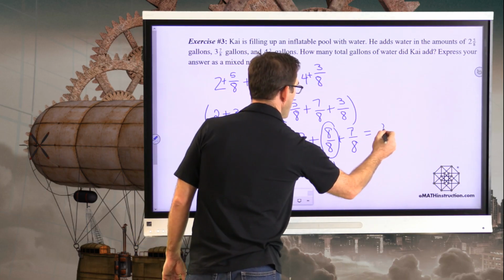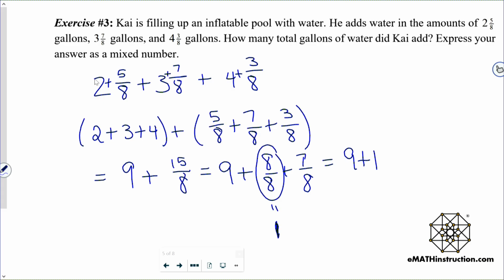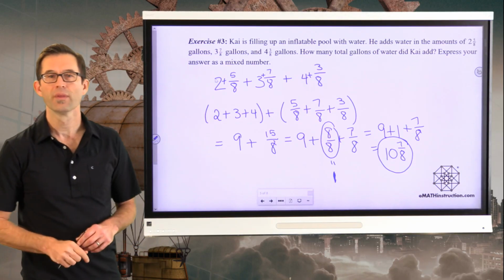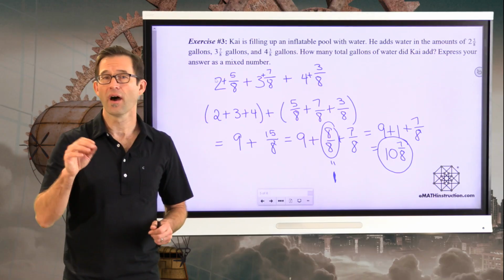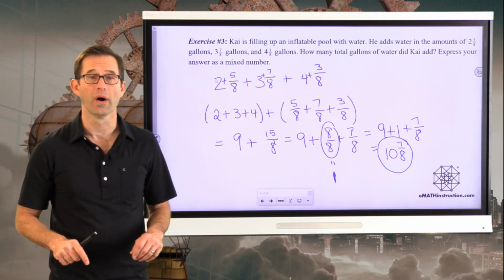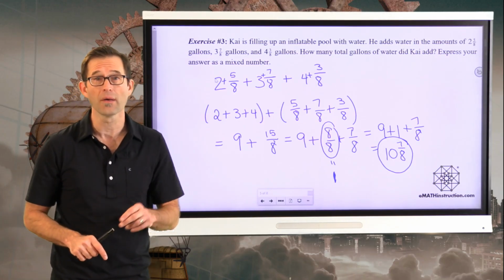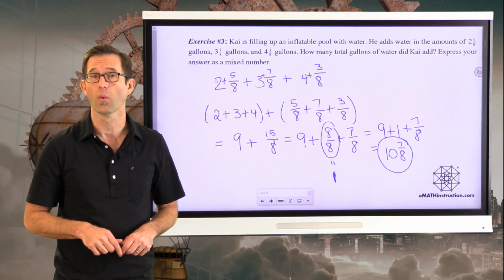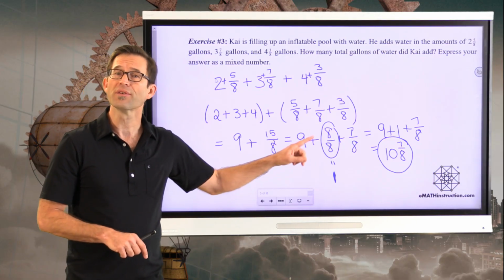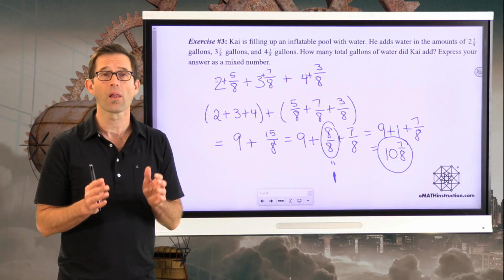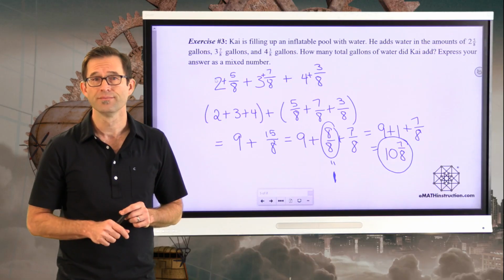So I have 9 plus 1 plus 7/8, and that's 10 and 7/8. Right? 8/8 is 1, 9/9 is 1, 10/10 is 1, 3/3 is 1, 2/2 is 1, 4/4 is 1. We need to be able to recognize this fundamental idea about fractions.